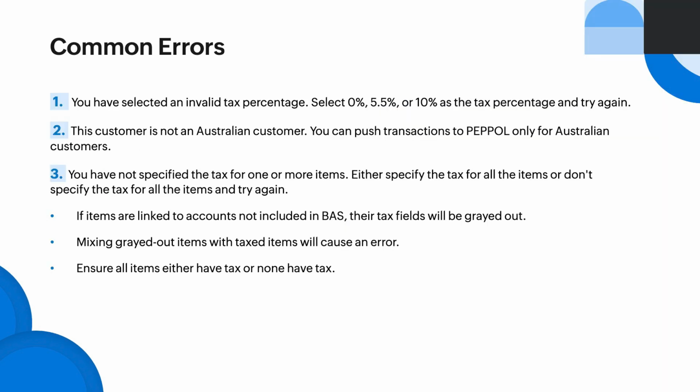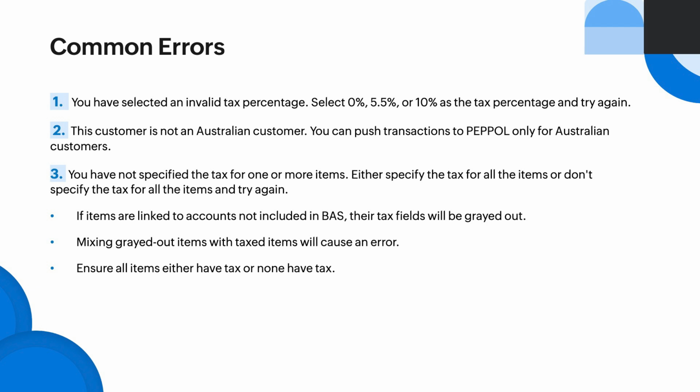There are a few common errors that you could face when enabling and using the e-invoicing feature. You have selected an invalid tax percentage. Select 0, 5.5 or 10% and try again. Tax percentage given for the items in your transaction must only be 0, 5.5 or 10. If not, this error would occur.